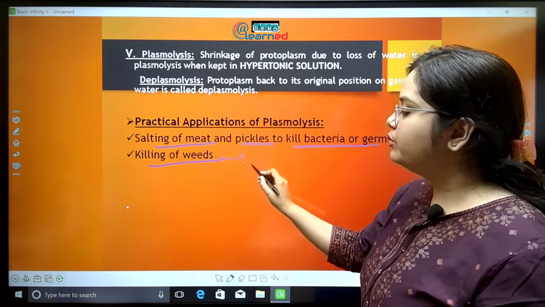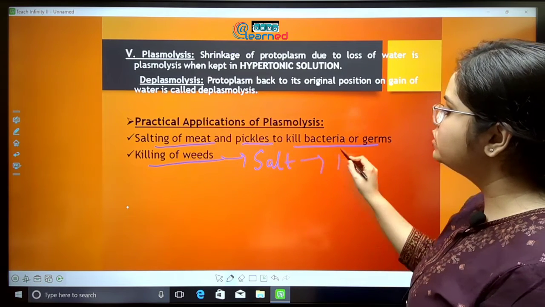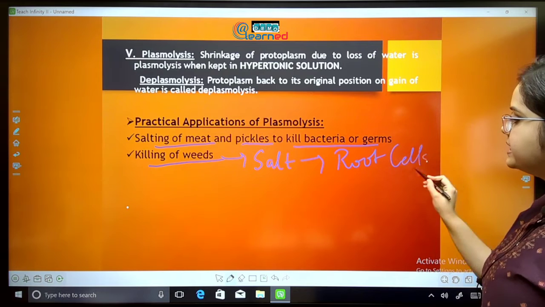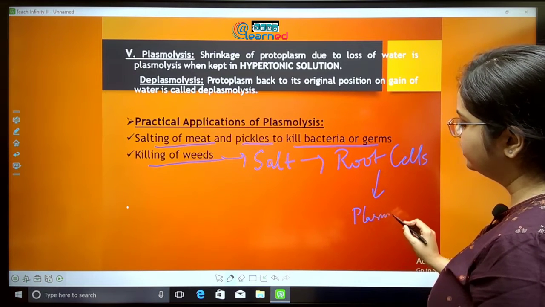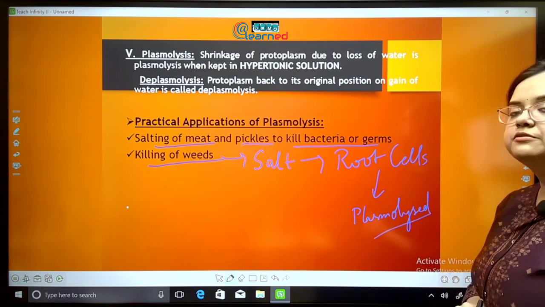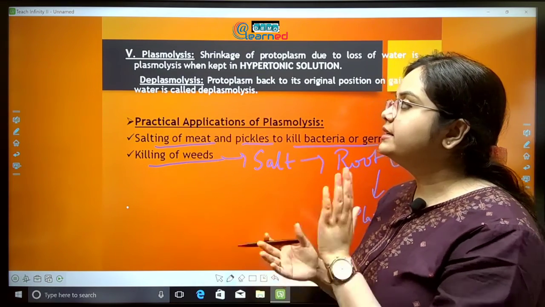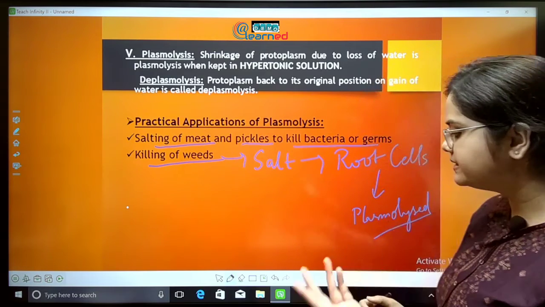So, killing of weeds by applying salt: root cells as a result will be plasmolyzed. This is your final result. This is the application of plasmolysis, where you can see plasmolysis and deplasmolysis.